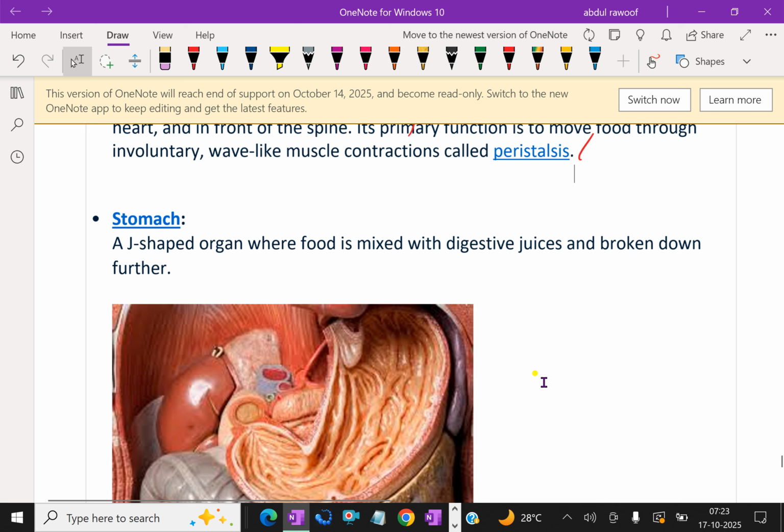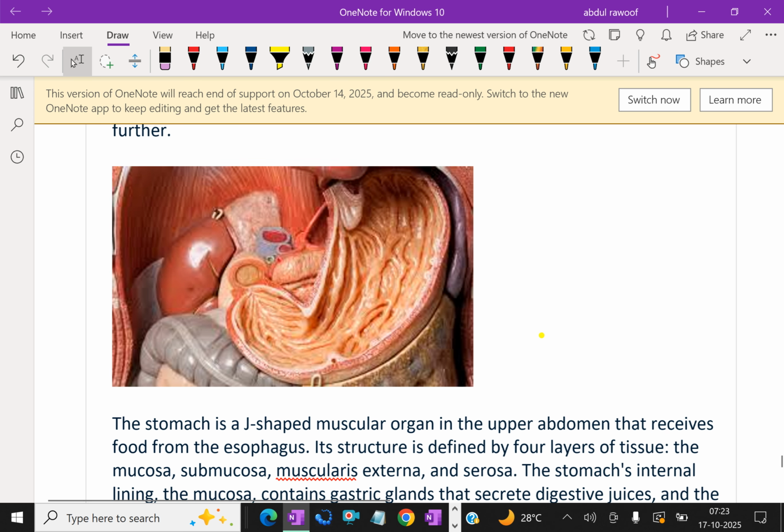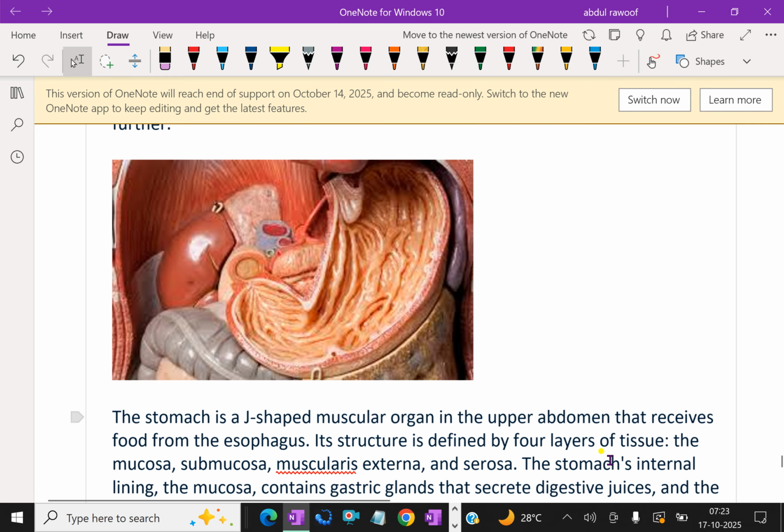Next one is the stomach. The stomach is a J-shaped organ where food is mixed with digestive juices and broken down further. The stomach is a J-shaped muscular organ in the upper abdomen that receives food from the esophagus.